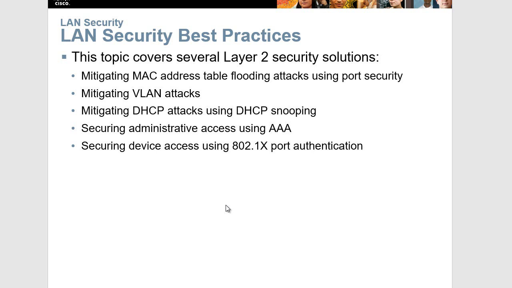If you want to prevent that, we can limit the number of MAC addresses that each port can store. We can go to a disabled state if we exceed a certain number of MAC addresses. There's a few things we can do in terms of port security that we did in CCNA 2. So if you want to take a look at that again, you can. But basically, we just enable port security, limit the amount of MAC addresses per port, and that should be enough to stop it.